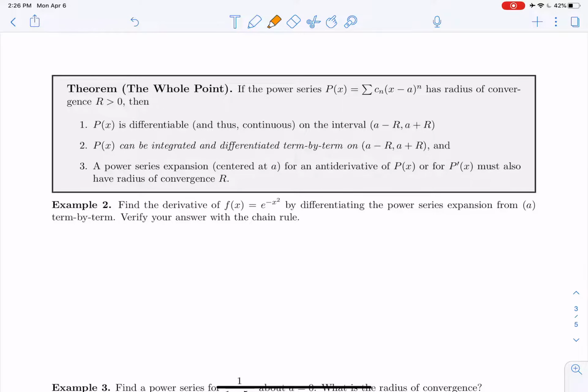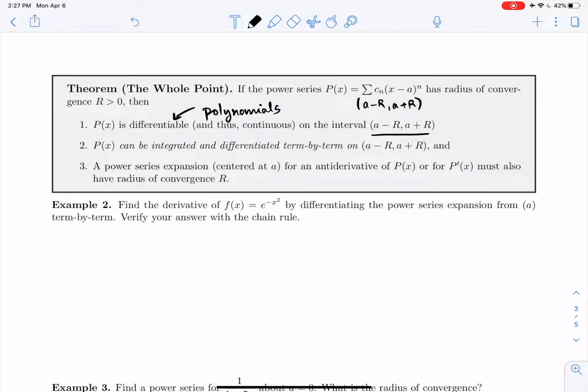Why is it differentiable? Because it's made up of a bunch of polynomials. Polynomials are like our favorite thing ever because they're mega continuous and mega differentiable everywhere. So our power series is differentiable on its interval of convergence, whatever its interval of convergence is up here, a minus r to a plus r.